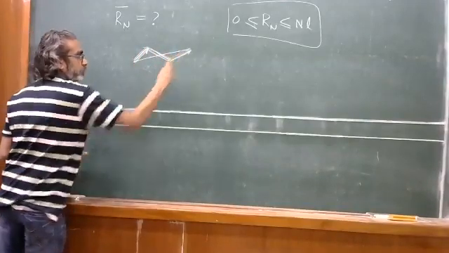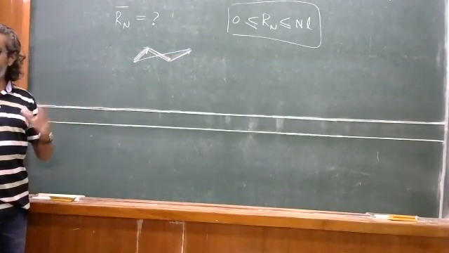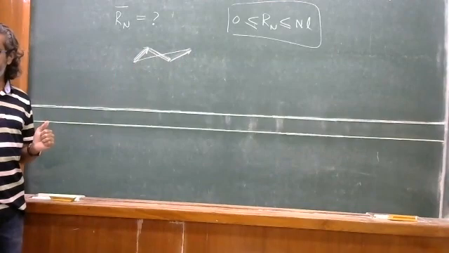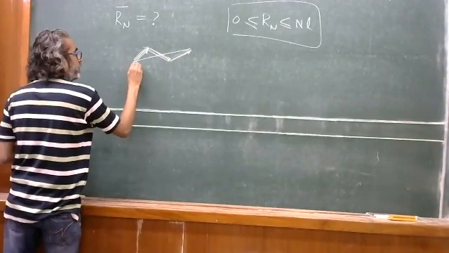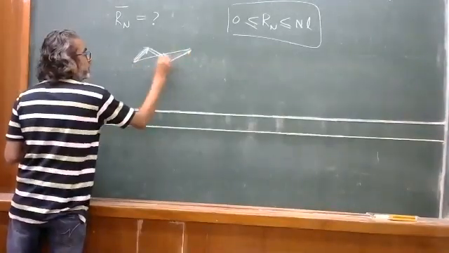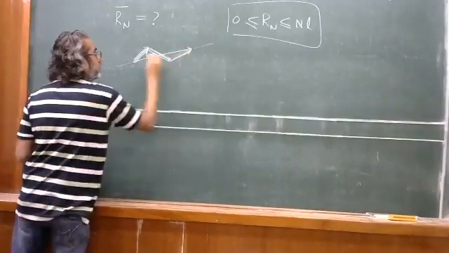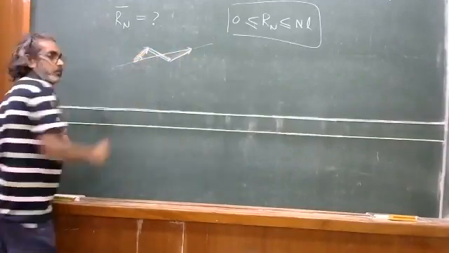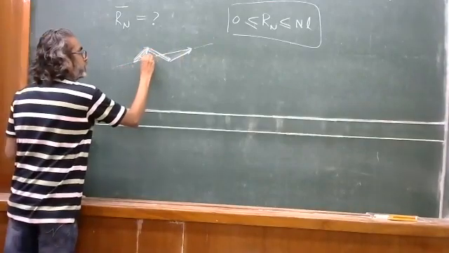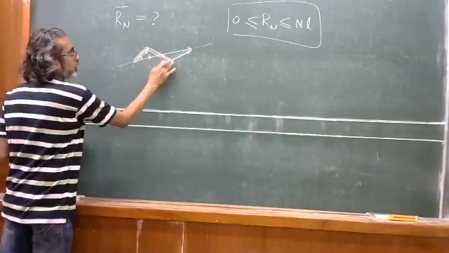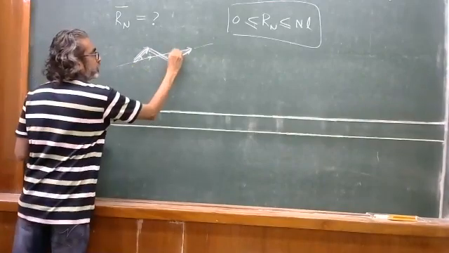If I project these vectors along the direction connecting the first point and the last point, you project this vector and you get a small piece, you project this vector, you get this, you project this vector, you get this.